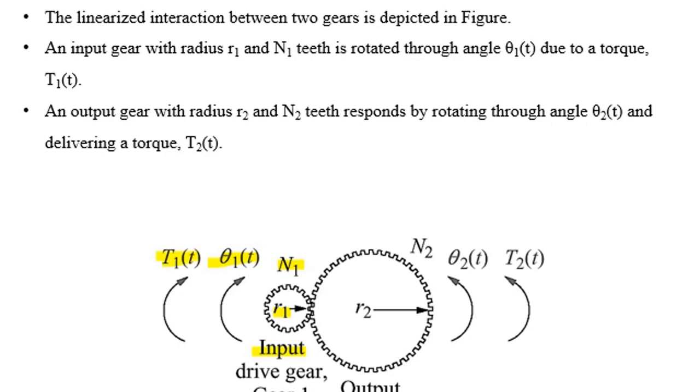The angular displacement covered is θ1, and externally applied torque is T1. The output gear has radius R2. Teeth are represented by N2, and the angular displacement θ2 is covered due to delivery torque T2. Now we will develop relations for these quantities for both gear 1 and gear 2.